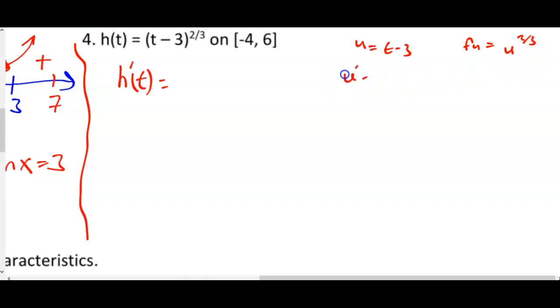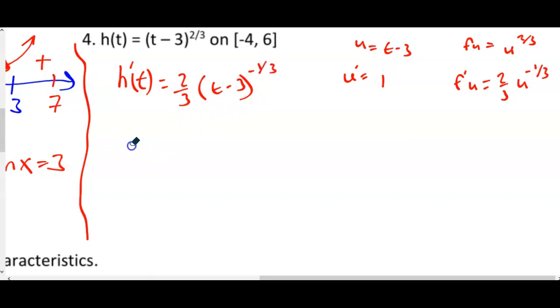So u prime is 1, and f prime of u is 2/3 u to the negative, you got to subtract 1, so minus 3/3 is negative 1/3. So you have 2/3 u raised to the negative 1/3.